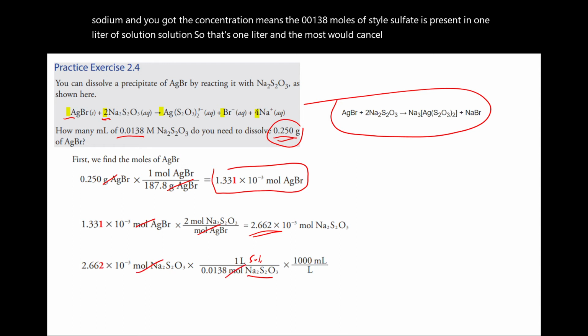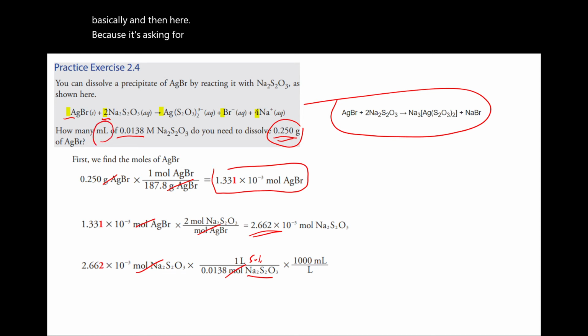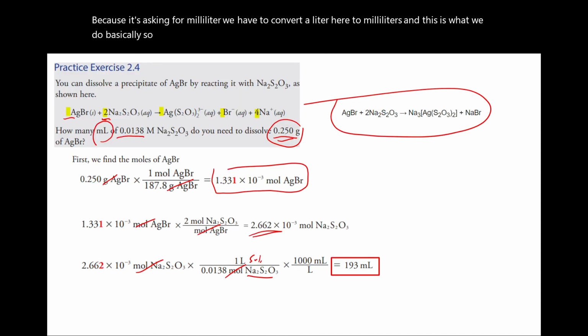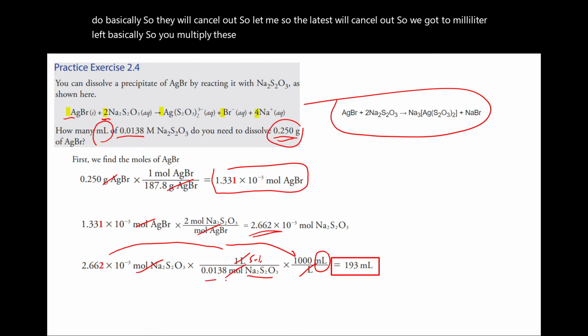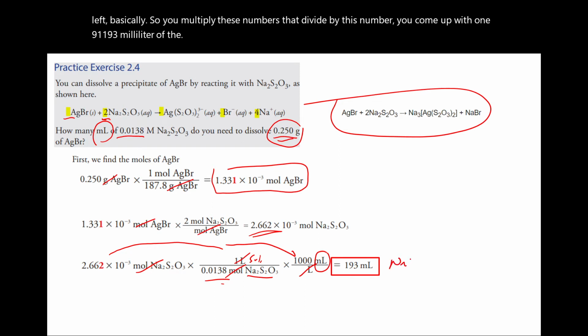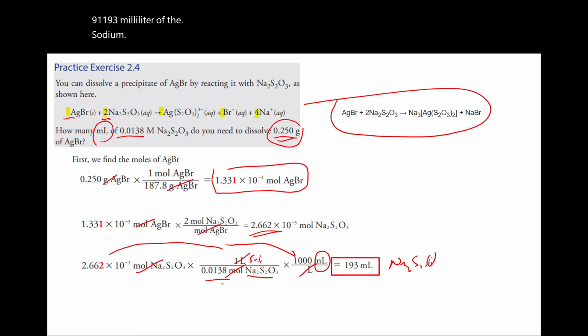Because it's asking for milliliters, we convert liters to milliliters, so the liters will cancel out and we get milliliters left. You multiply these numbers, divide by this number, and you come up with 193 milliliters of the sodium thiosulfate solution.